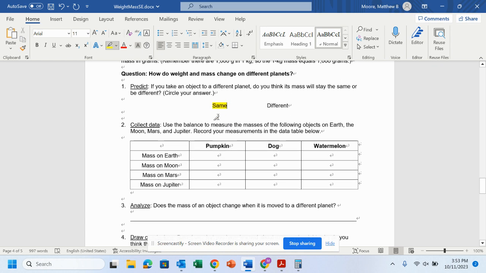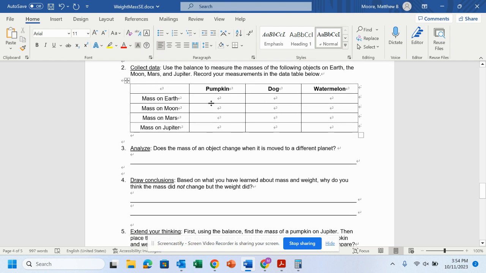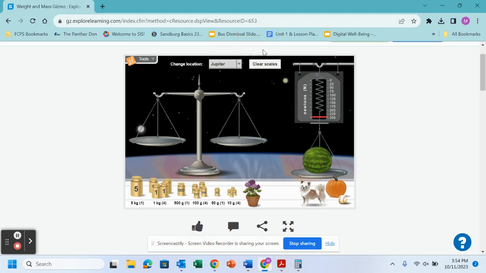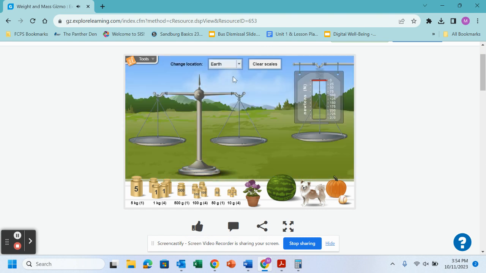Okay? So we're going to collect data, use the balance to measure the masses of the following objects on Earth, the Moon, Mars, and Jupiter. Record your measurements in the data table below. Okay, so we're going to do the pumpkin. So we're going to clear scales. Go here. Earth.